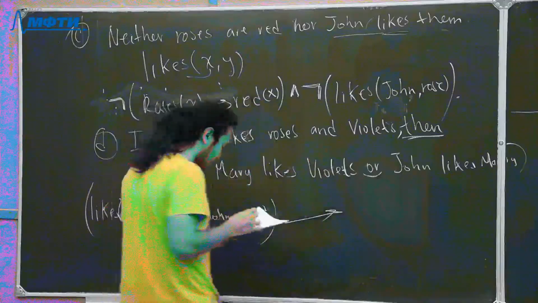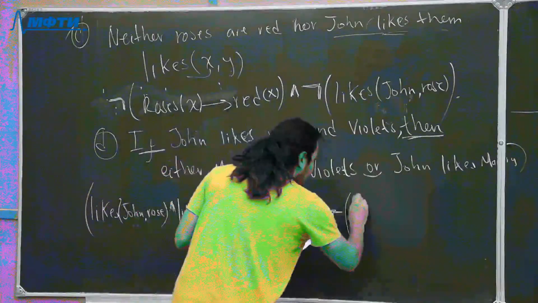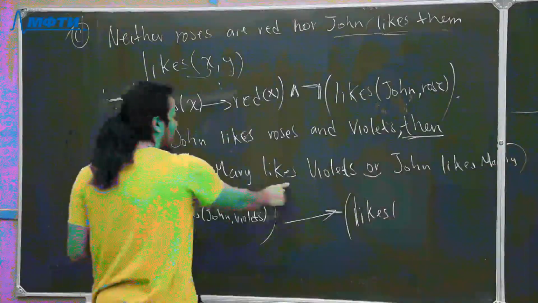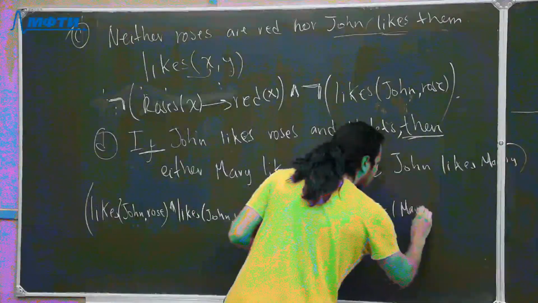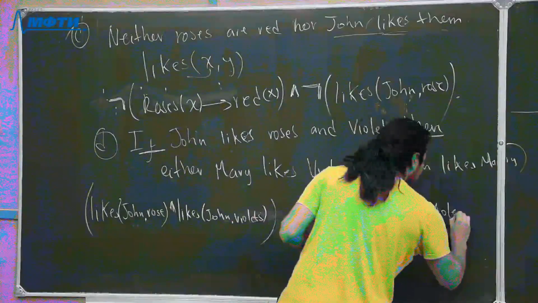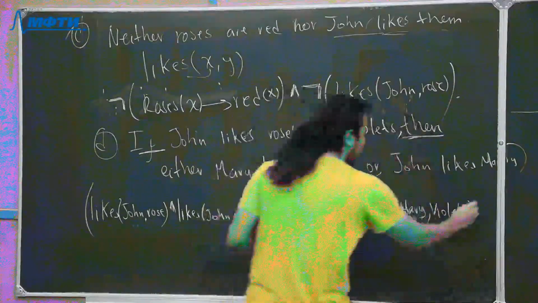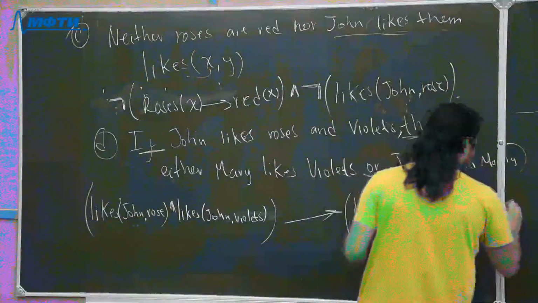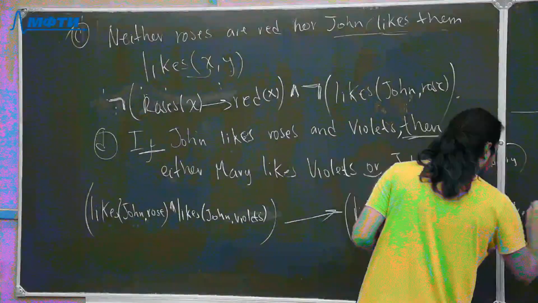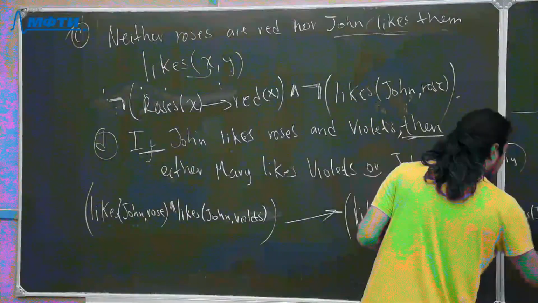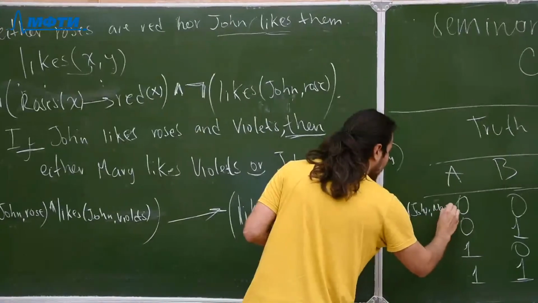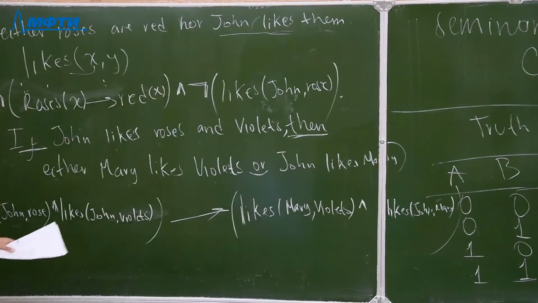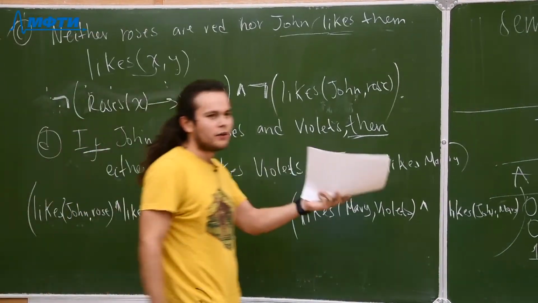It's or. I was wrong. Okay, so likes. We have Mary likes violets, so Mary and violets, or John likes Mary. So again, likes John and Mary, and that's it.